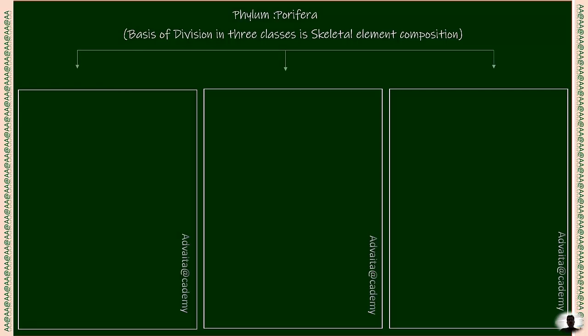Now you put a line like this. So the phylum Porifera can be divided into three classes. First is called Calcarea or Calciospongia, second is called Hexaactinellida or Hyalospongia, and third is called Desmospongia.